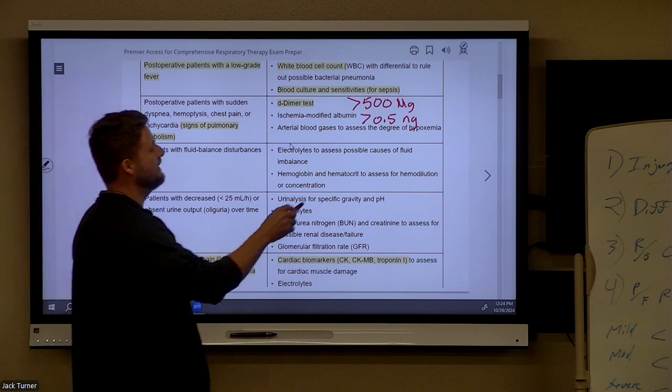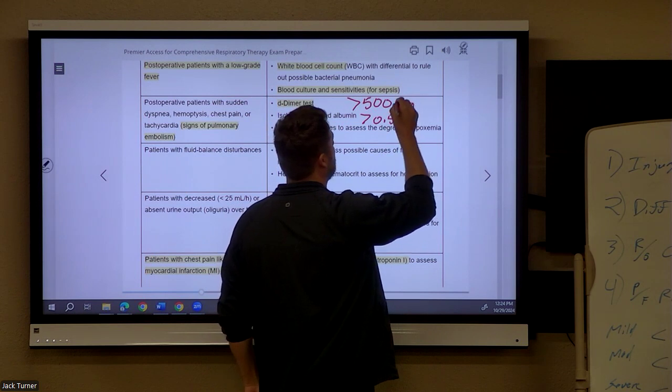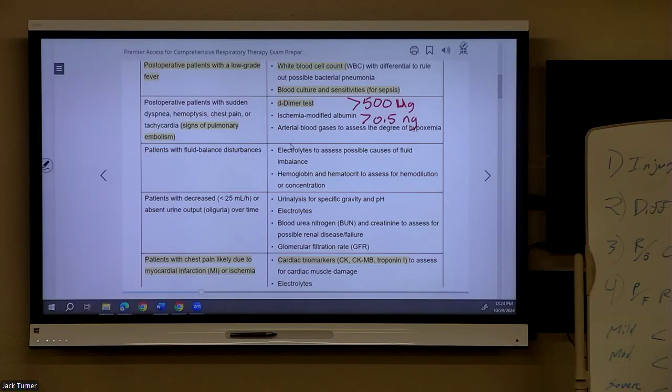That's not milligrams, that's supposed to be micrograms. It's like a U with a weird line. So don't let that throw you off. If it's ever in point something, you're looking at micrograms. If it's in whole numbers, we're looking at nanograms. Sometimes they're tricky like that.